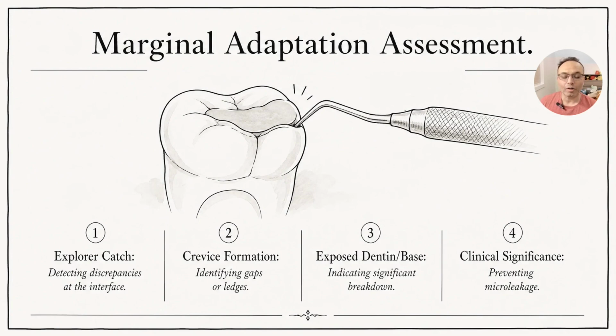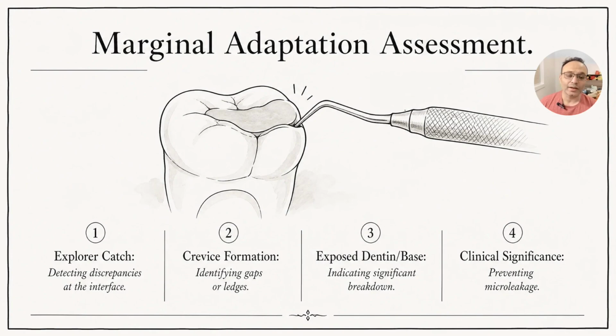Exposed dentine or base is a clear indication that there is significant breakdown. This is something you will see in the real patient when a lot of amalgam has broken down, and you can see the yellow coloration of the dentine or white base that lies underneath, which can be revealed once the broken part has chipped away, has been removed, exposing the underlying dentine.